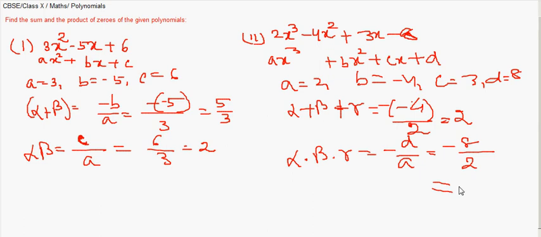Oh, d is minus 8, right? Minus of minus 8, so it is plus 4. So alpha beta gamma is plus 4. You need to have a look at this question because it is different to the previous one. Remember you have 3 zeros in this cubic polynomial.